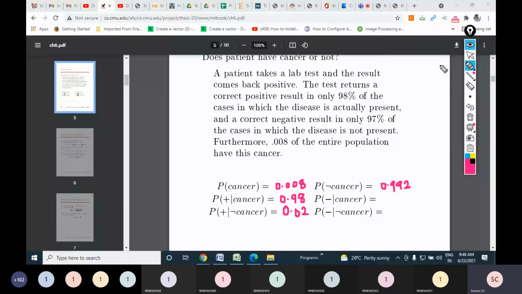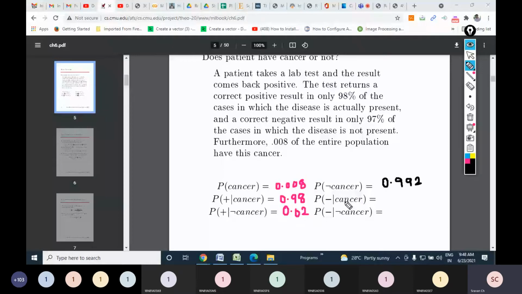Similarly, we will try to fill this. Here we have 0.008, and we calculated this as 0.992. Now, in the negative case, if I send 100 people who don't have cancer to take the test, for all 100 people it should say they don't have cancer.